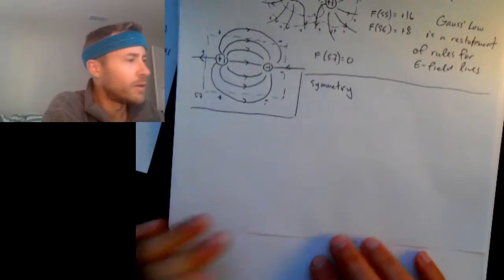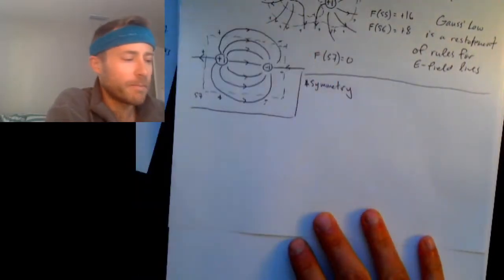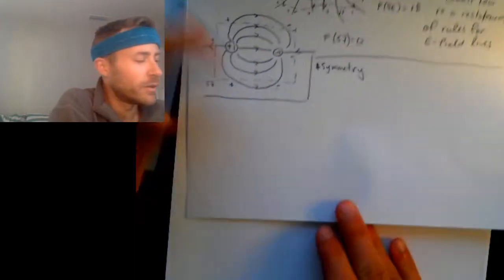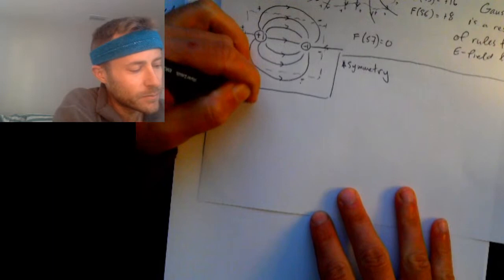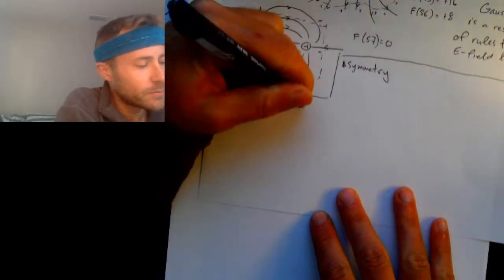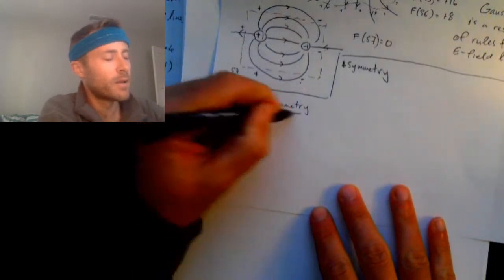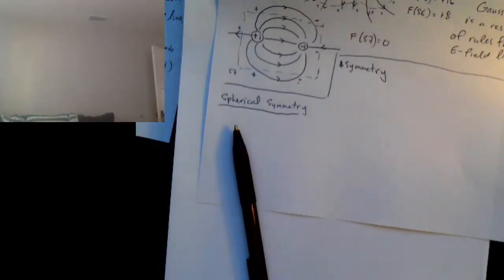Okay, so one type of symmetry is called spherical symmetry. All right. So spherical symmetry means that, let me just grab something. Give me a second.